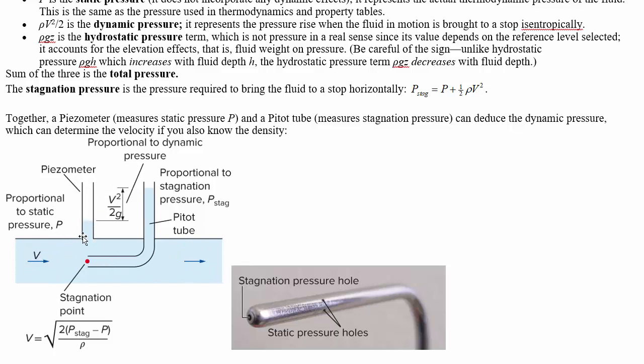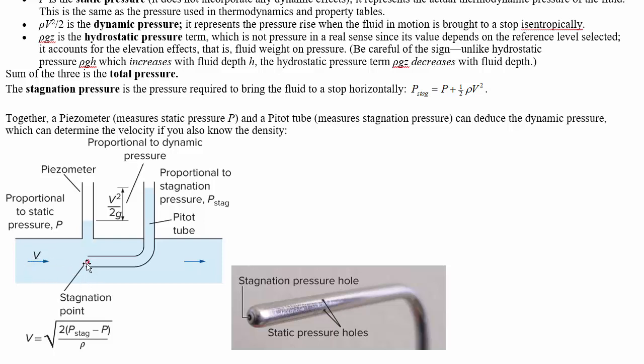We put this piezometer here. Now this doesn't take advantage of the velocity that's going past to increase the height of the water column, but this one does. Because of the angle of the tube, fluid would flow in here, and here we have a stagnation point.